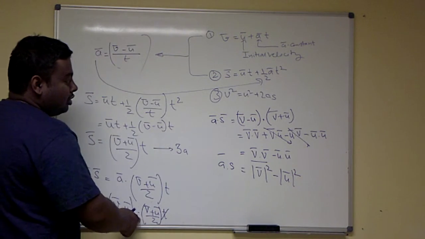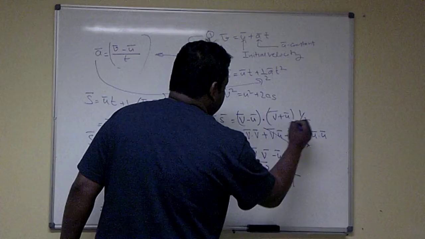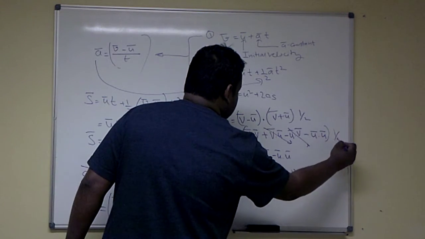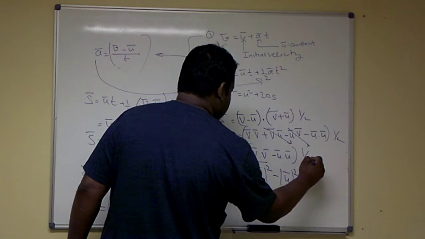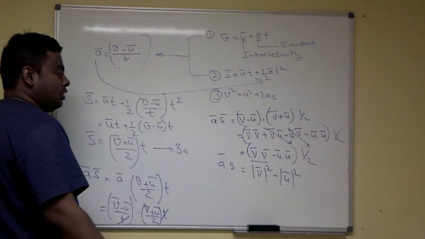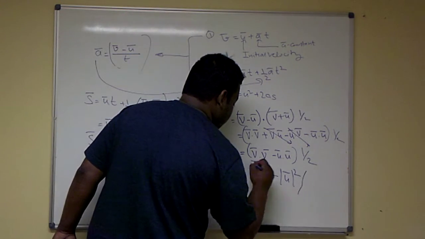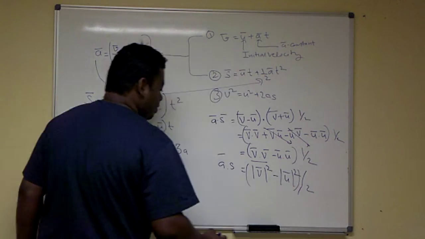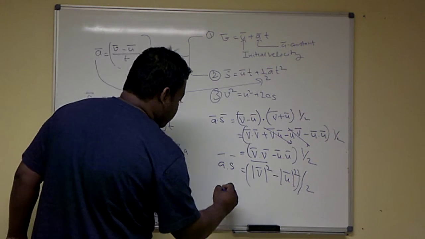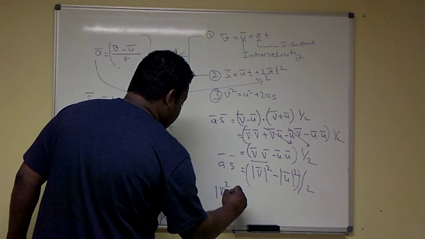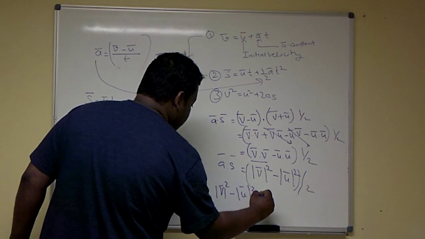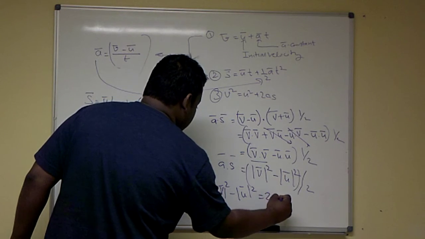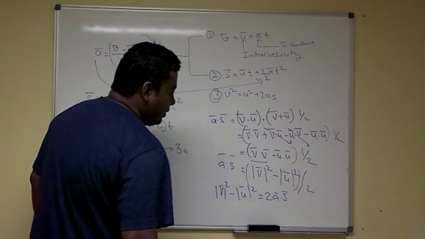I forgot the half term over here, so I would request you guys to keep track of that if you could. So what we'll arrive at is that mod of v squared minus mod of u squared equals 2a dot s.